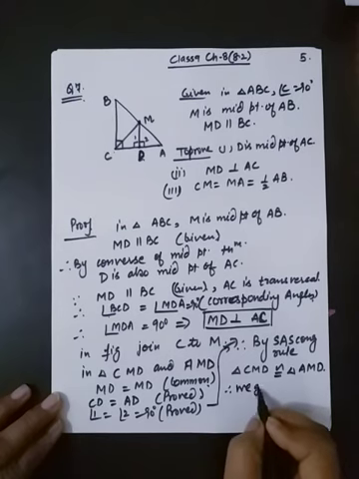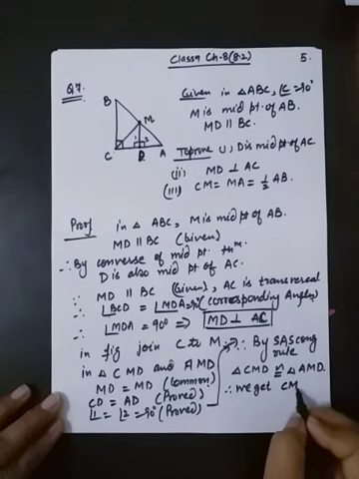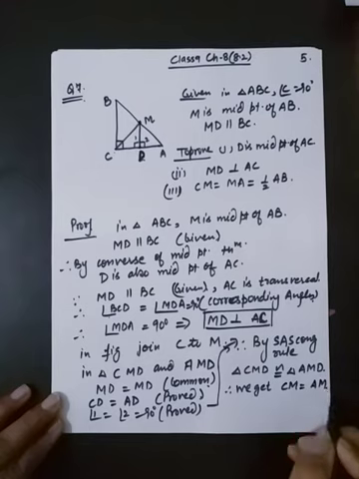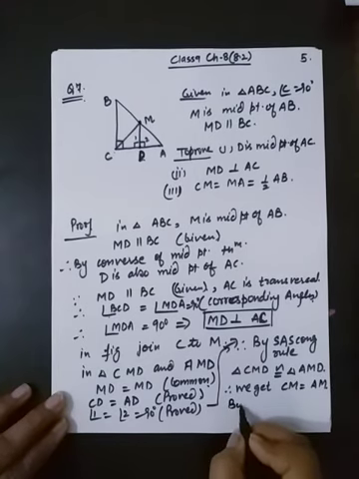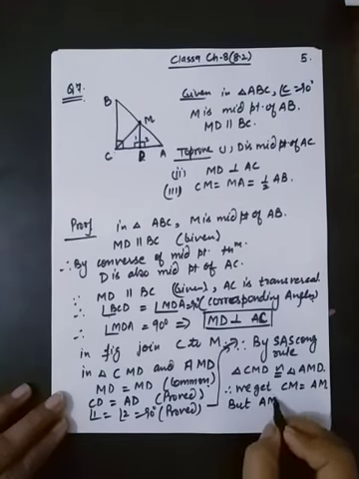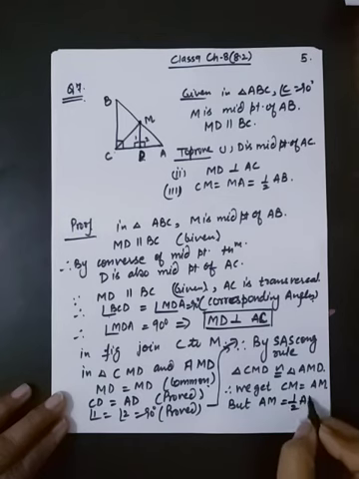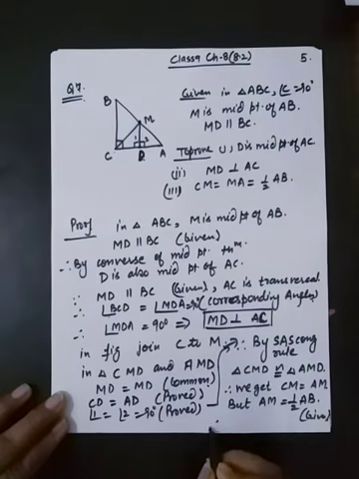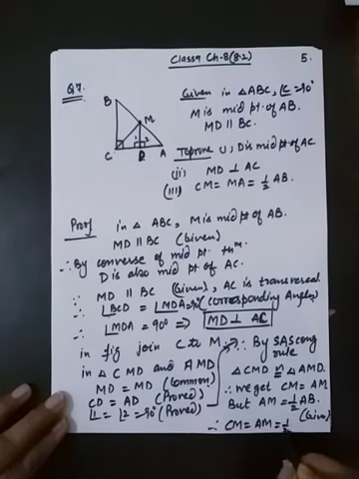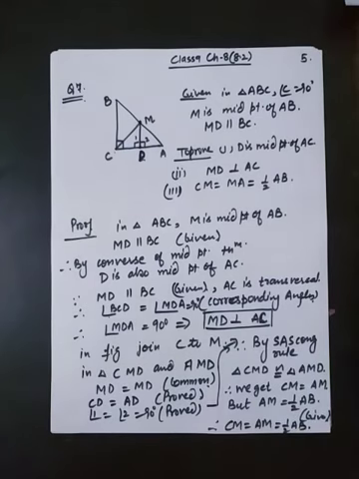Therefore, we get CM is equal to AM. But AM is half of AB. This is given. So therefore CM is equal to AM is equal to half of AB. Hence proved.